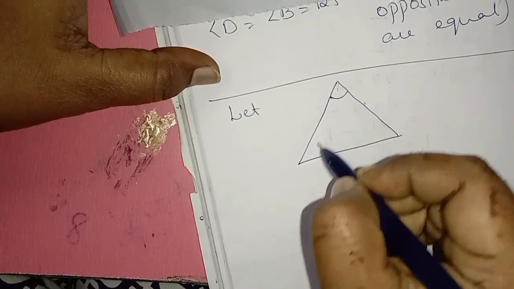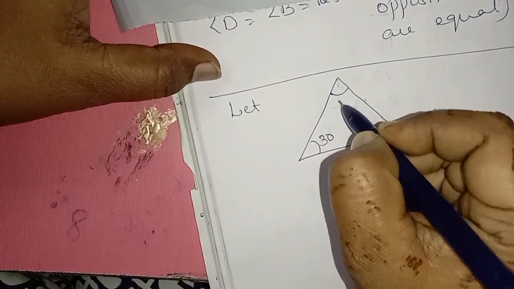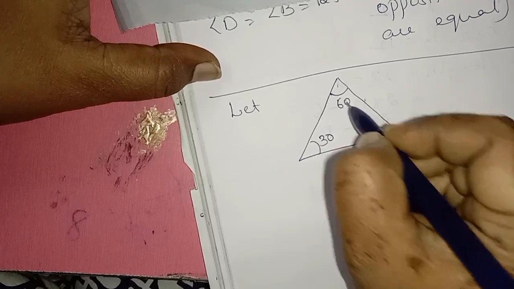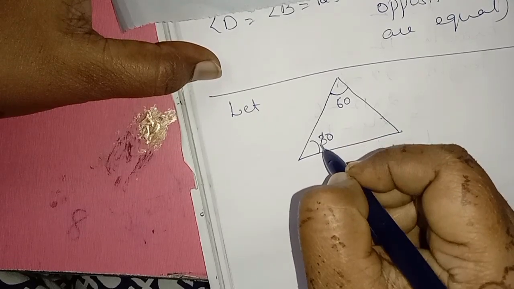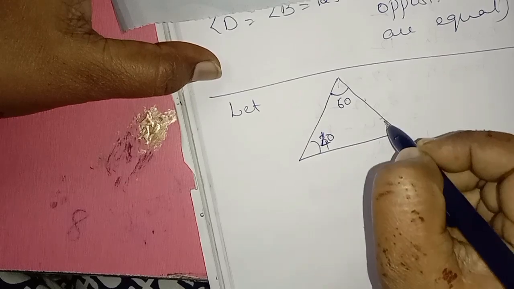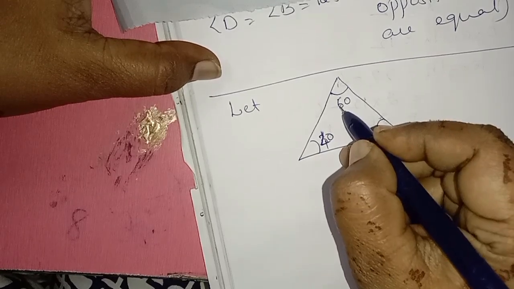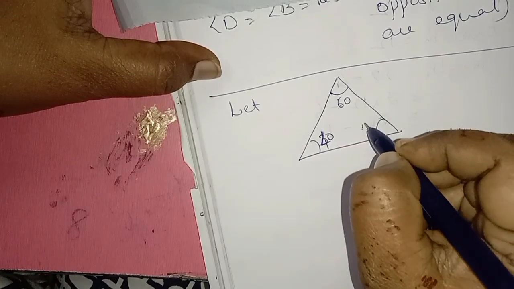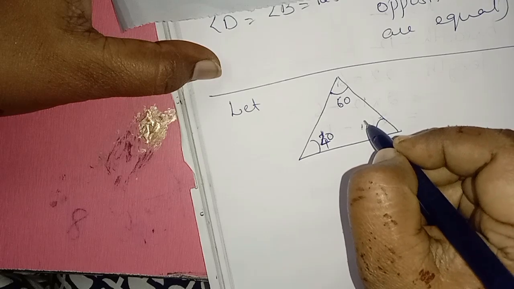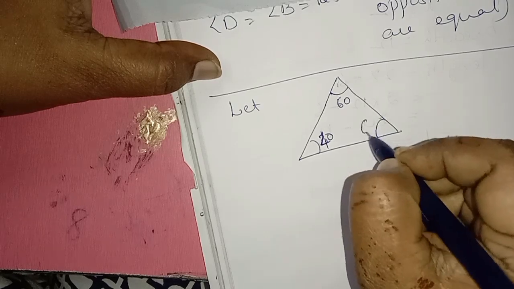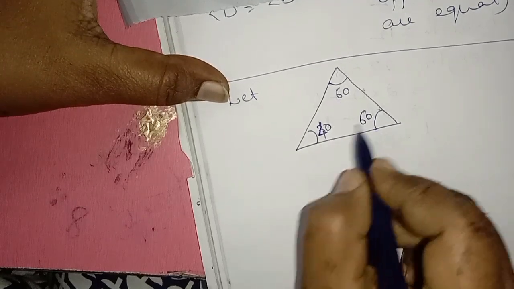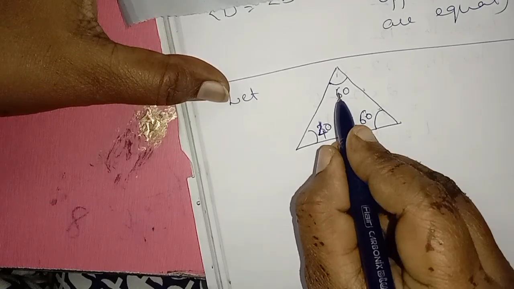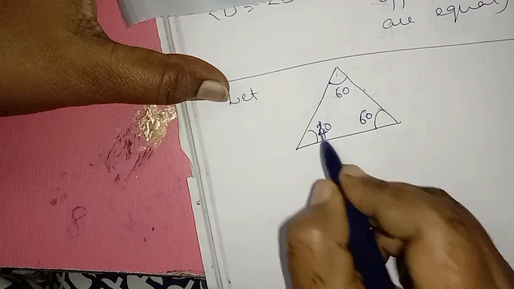Here I am taking 40, and these two are 60. 60 plus 60, 120, 120 plus 40, 180.